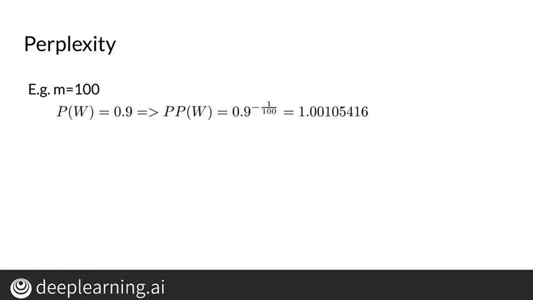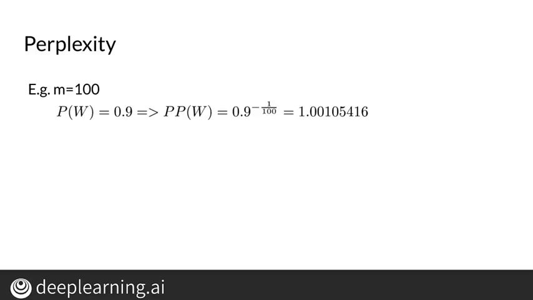Let's look at an example of two language models that are going to return different probabilities for your test set W. There are 100 words in the test set, so m is equal to 100. The first model returns a 0.9 probability of the test set, which is very high. This means that the first model predicts your test sets very well, so the model is highly effective.